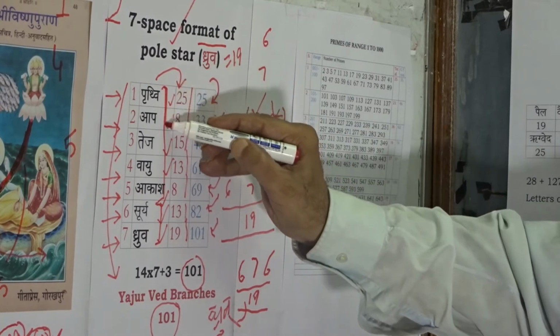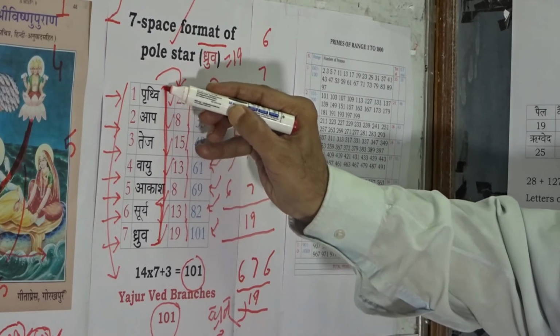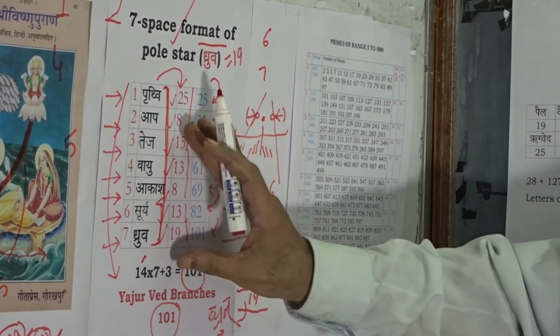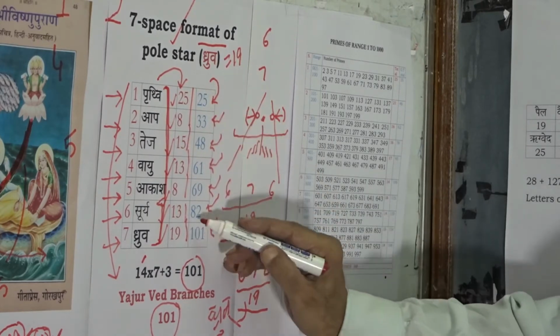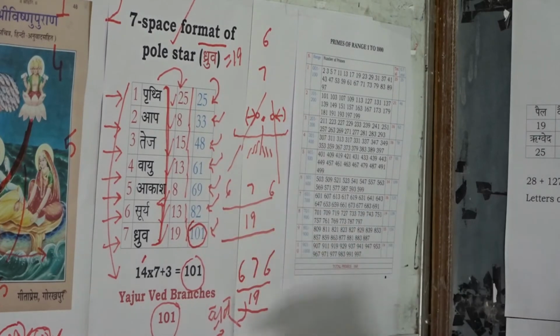These 7 steps are a reach from Earth to pole star, and this reach is going to be of 101 steps. And let us have a pause here.